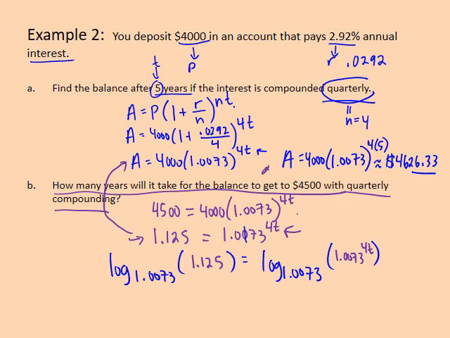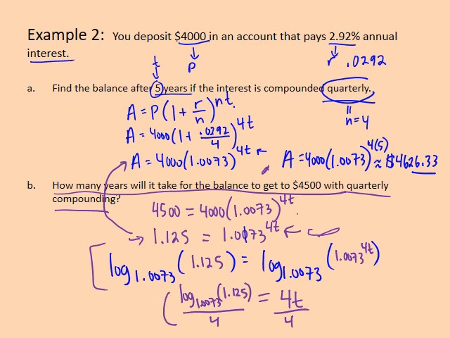On the left side, this is just a number that our calculator will come up with for us. On this side, when the logs undo each other, we're left with 4t. So 4t equals this log, base 1 and 73/10,000ths of 1 and 125 thousandths. Now, the last thing we have to do is divide by 4.